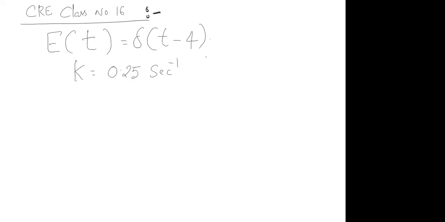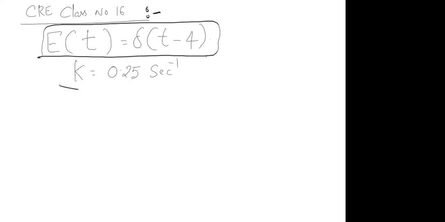I'll repeat the question. The exit age distribution of a reactor is given by E of t equal to delta of t minus 4. A first order liquid phase reaction, K equal to 0.25 second inverse, is conducted in that reactor.